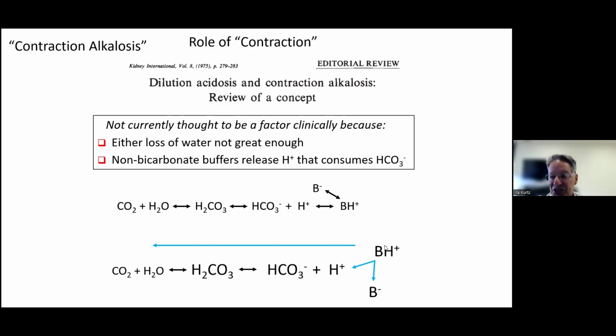But what that does is it causes these other buffers to deprotonate, and you're going to consume bicarbonate. And so if you have other buffers in the system and you do this, the bicarbonate concentration will change in proportion to how much buffer you have at that pK. The more you have, the less the bicarbonate changes. If you have no other buffers, then the bicarbonate will go up to some extent. It will go up less than it would if this was a closed system.